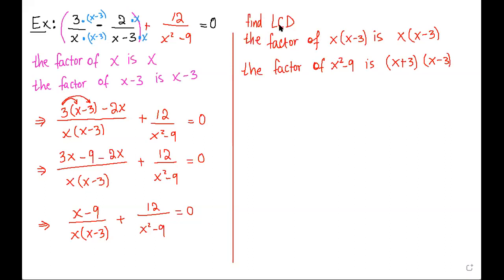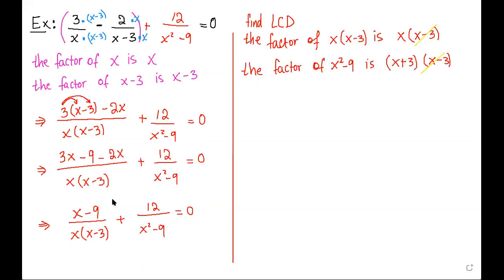Now, the least common denominator means we have to cancel whatever is similar between both, like the factoring of the denominator. Here we have x minus 3 and here we have x minus 3, so this one cancels with this one. But for the first one we don't have anything similar between the two factors.